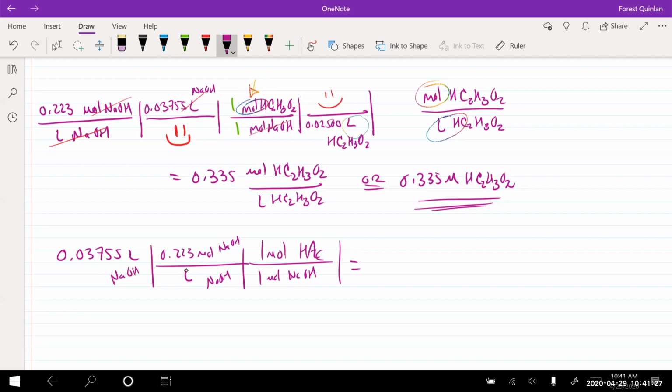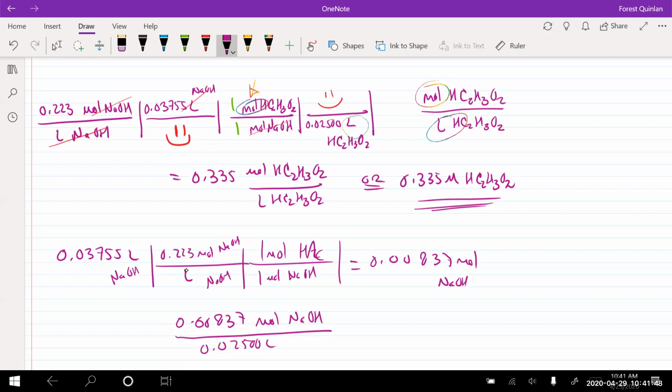0.03755 times 0.223. He'll say that's 0.00837 moles of NaOH. And then he'll divide that by 0.02500 liter, or sorry, acetic acid.